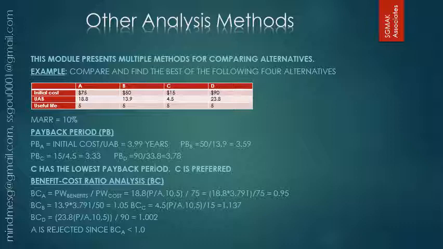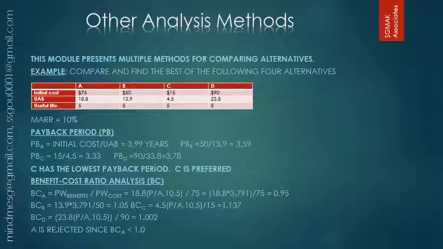One that is used often, is not based on sound principles because you ignore the time value of money. Nevertheless, it gives you a quick way to compare alternatives. So payback period is simply find out how long it took to recover the initial cost without considering time value of money.